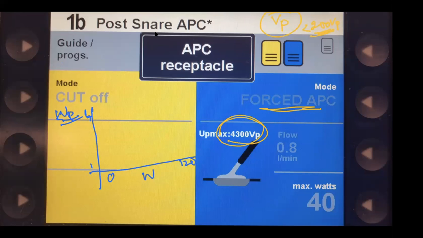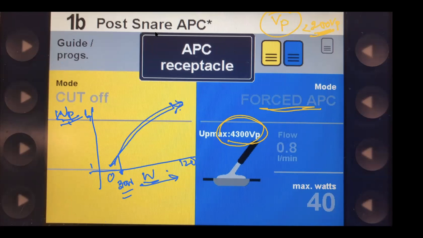As you increase the wattage, the voltage increases in this direction. That's the way of the graph. For a consistent effect for forced APC, usually you get a much more consistent effect at about 30 watts or higher. So something to keep in mind. It is a continuous flow, but the relation between wattage and voltage is in this fashion. Okay, something to keep in mind.